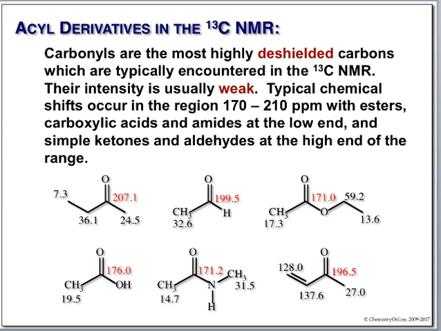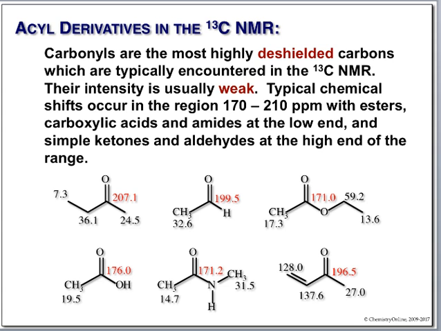They'll be 200 and above. Acyl carbons, so this whole group we just talked about, are much less. They're about 171. So they're not quite as deshielded as these guys are, mostly due to interaction of the things that are attached to them.